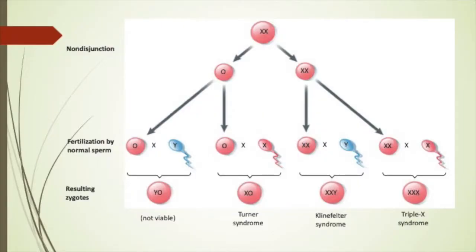Okay. Another thing that can happen with non-disjunction is that the sex cells separate differently. Sometimes the egg cell separates where you have two X's on one side and nothing on the other.